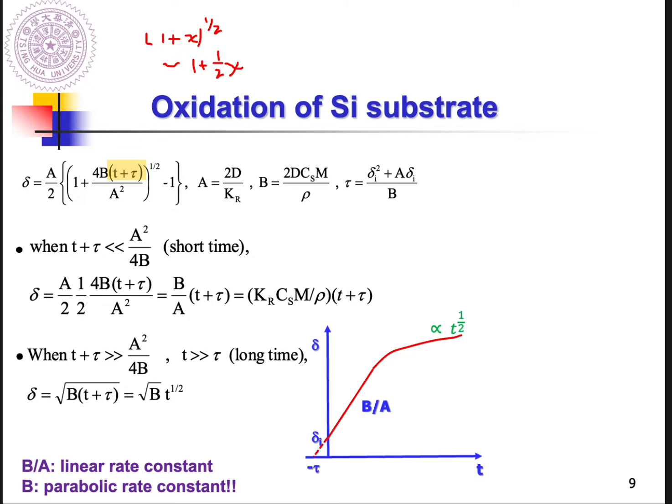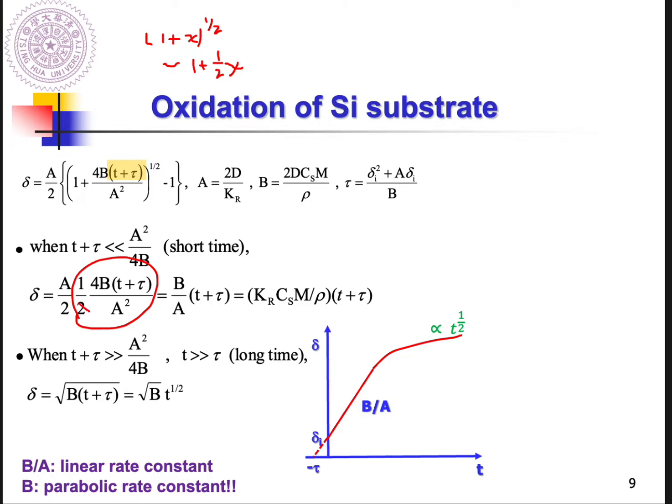And you also minus 1, so you get 1 over 2 x. So for short reaction time, then you will get this result, right? A over 2 times 1 plus 1 over 2 x, minus 1.